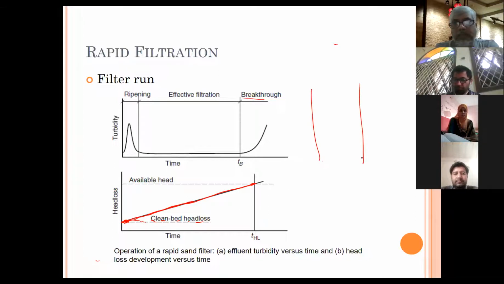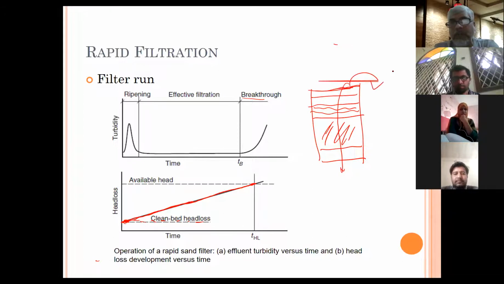When you start filtration, water will begin to accumulate on the media because of the clogging of the filter, and will reach a value where you cannot keep it. Water will overflow, meaning you have reached the maximum available head. At that time you have to backwash the media. So either you see the quality of the effluent or you see the head loss increase, and then decide when to wash.